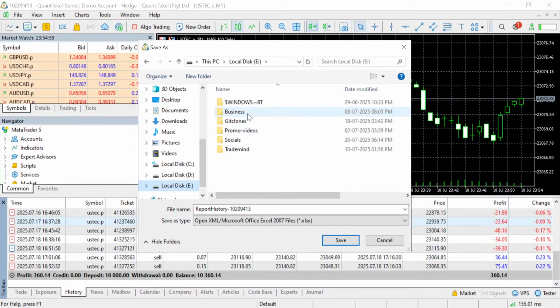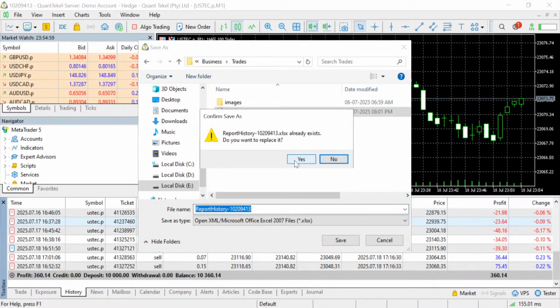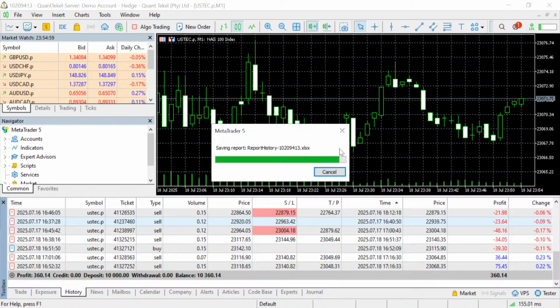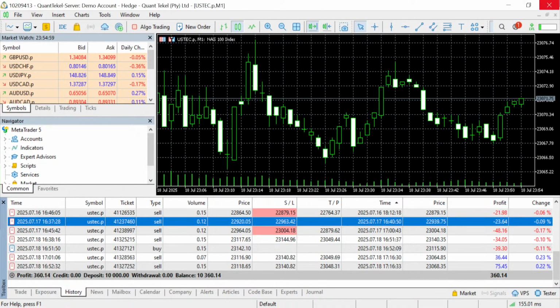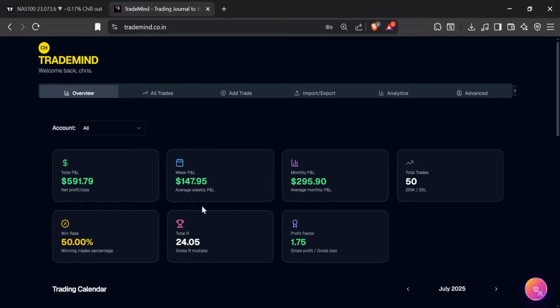As this is my real trades, I'll just save. Yep, please replace it. Once this is done, you don't need MT5 anymore, so you can just close your MT5.